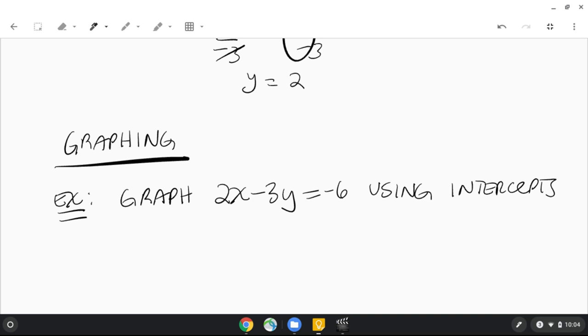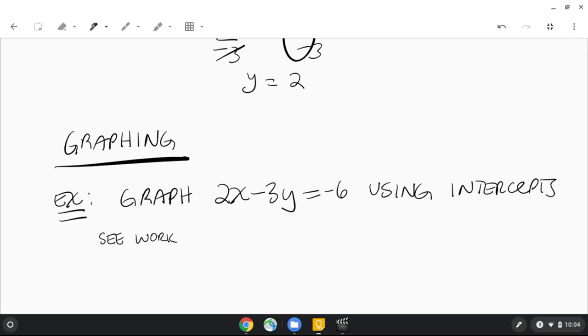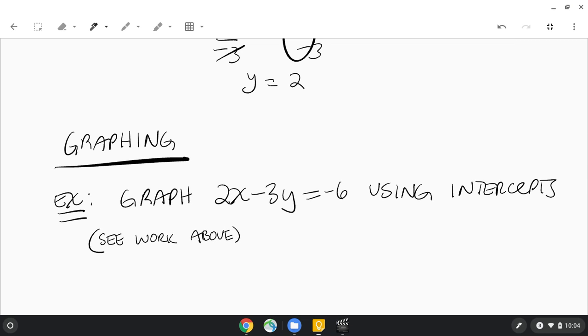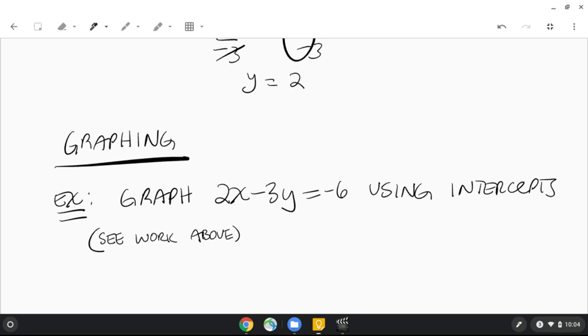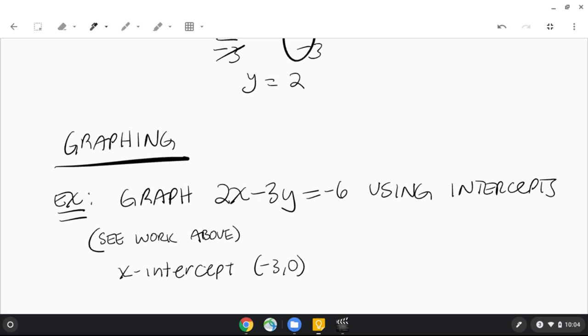From above, see the work above. It turns out our x-intercept is -3, 0, and our y-intercept was 0, 2.